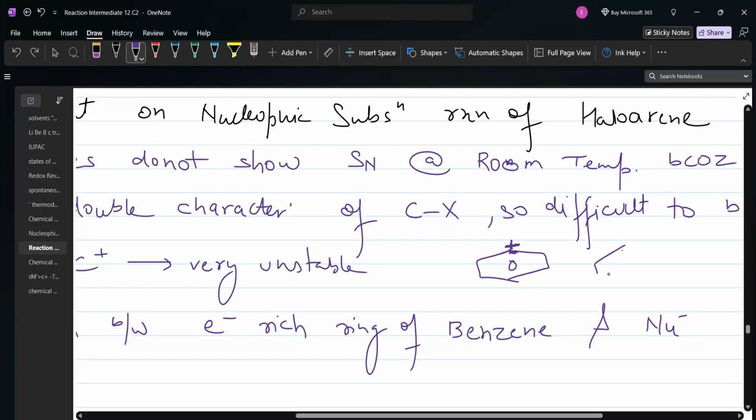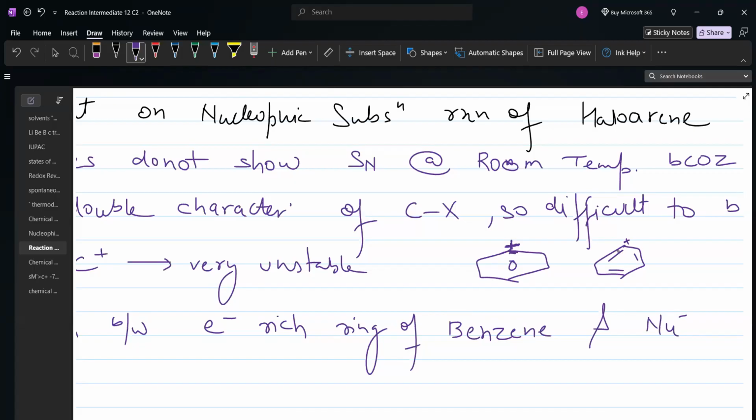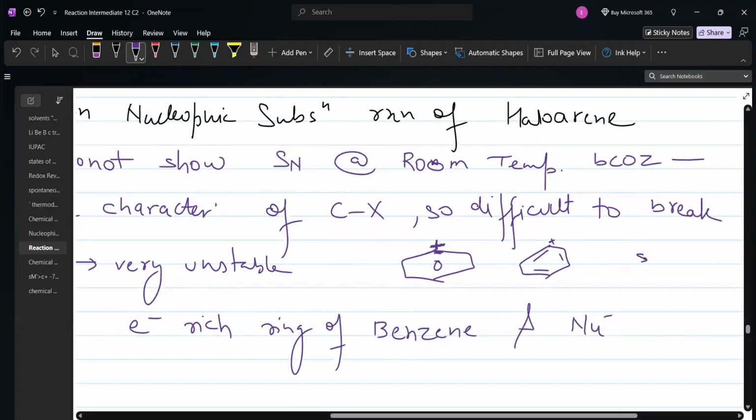Let's see. We have the benzene ring present here, and we have positive charge here. This is the original one. So this is sp2 carbon, and sp2 carbon electronegativity is very high. I have already told you. The electronegativity of sp is higher than sp2, which is higher than sp3.